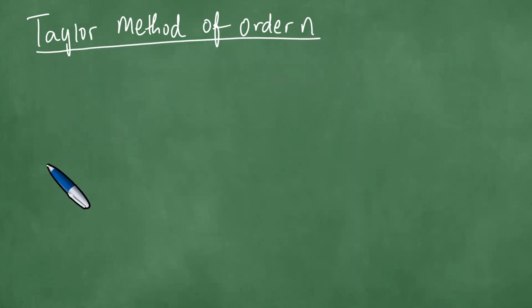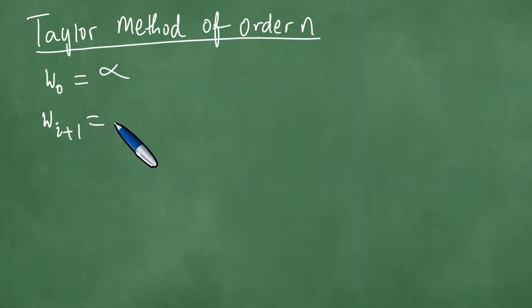What is the Taylor method of order n? It's similar to Euler. It came in the exam in November. So W0 is alpha, and I'm just going to justify the fact that Taylor and Euler are equivalent.